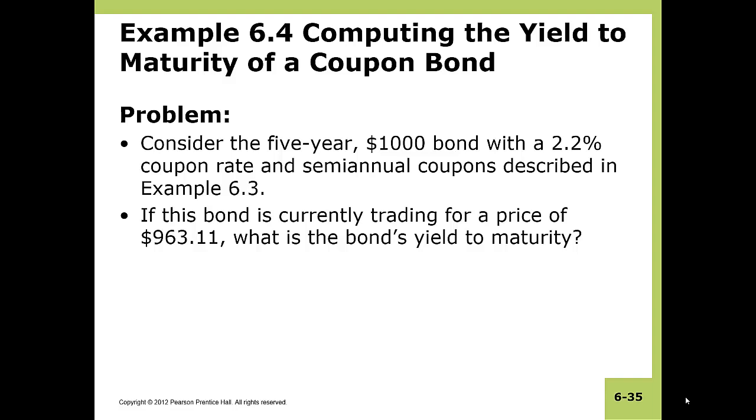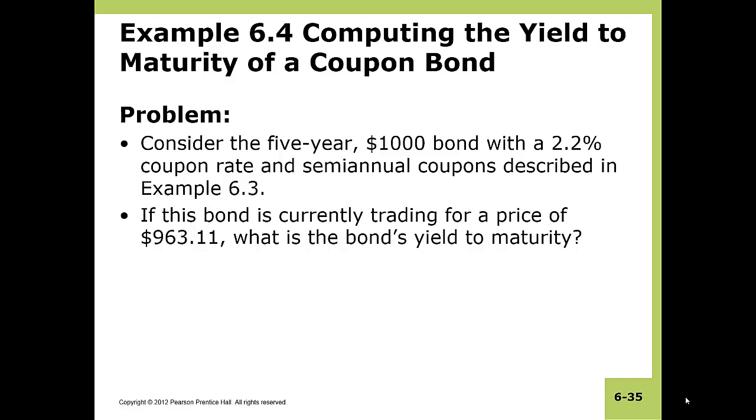So to review that, N equals 10, I is what we're trying to find. Present value is a negative $963.11. Payment is a positive 11. Future value is a positive 1,000. Payments per year is 2.